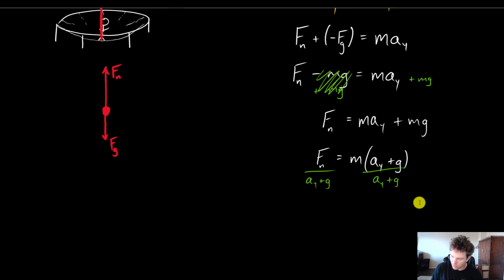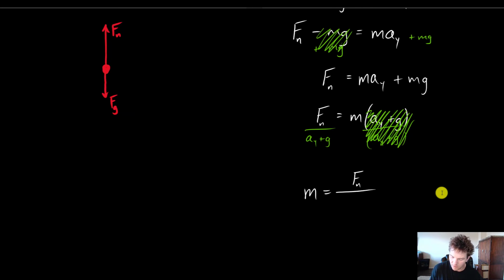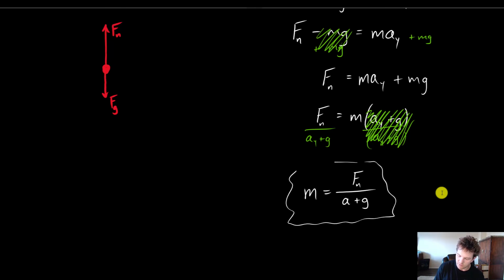Right? This whole little expression right there will cancel out. And so I'm left with, as a final qualitative answer, mass is equal to the normal force divided by a plus g. All that work to get this nice, pretty, simple little answer.